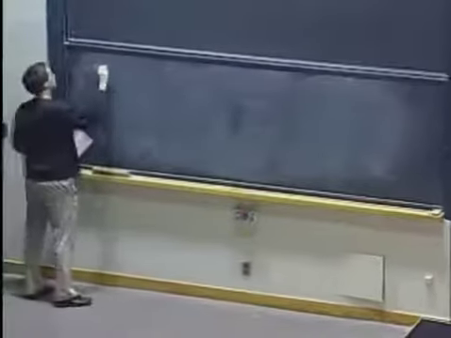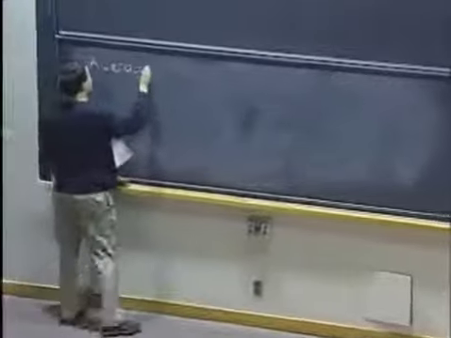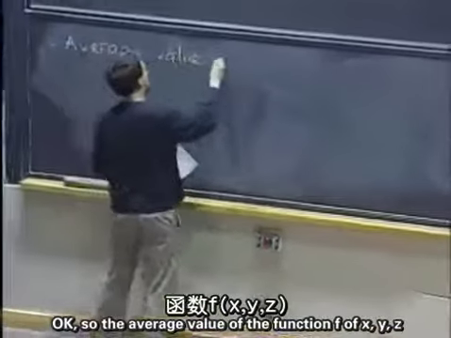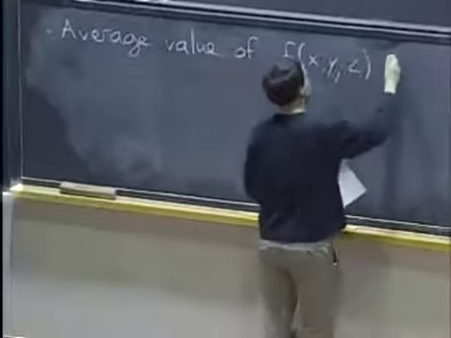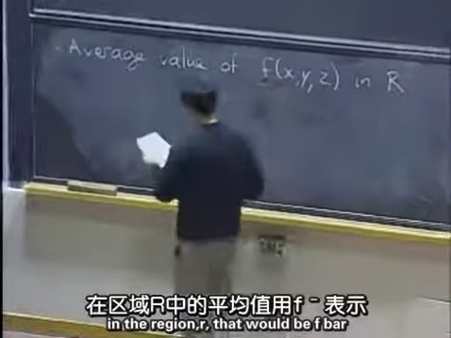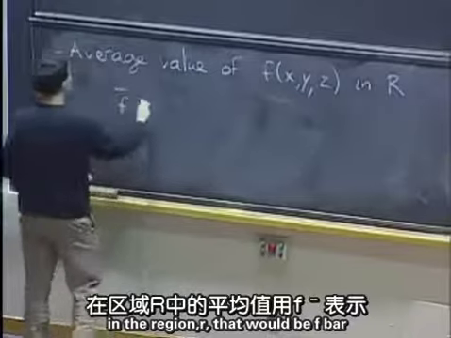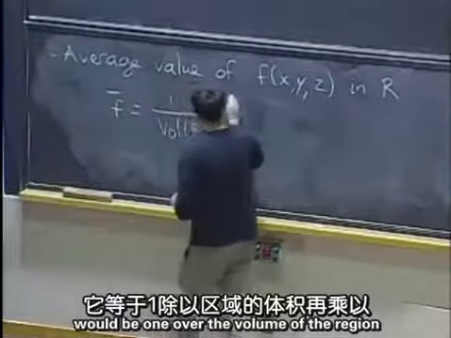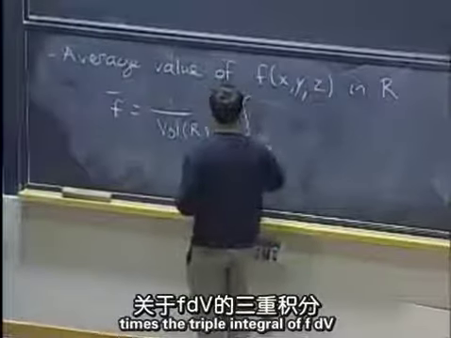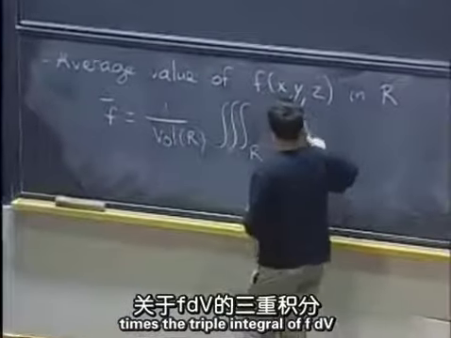Okay, so the average value of a function f of xyz in the region R, that would be f bar, would be 1 over the volume of the region times the triple integral of f dv.